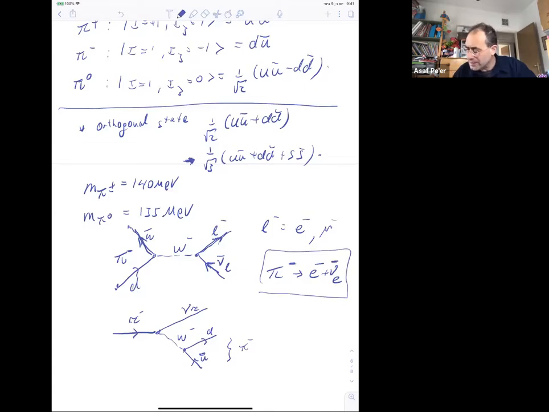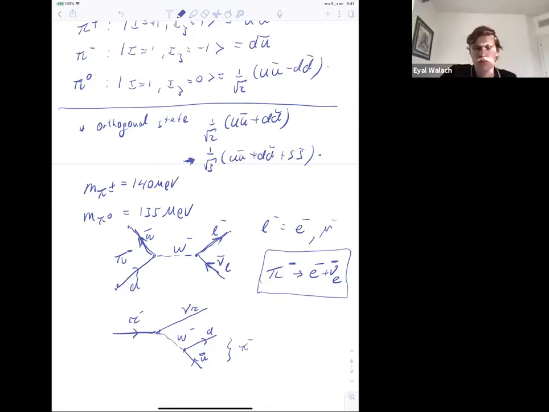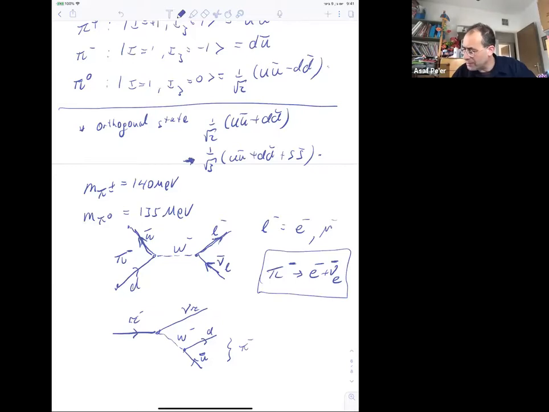Now, what matters is that energy must be conserved, because four-momentum has to be conserved in each vertex, right? A particle cannot decay into particles whose rest mass energies are larger than its own rest mass energy, because you can always go to the center of mass frame, the frame in which this particle is at rest, and you simply don't have enough energy.